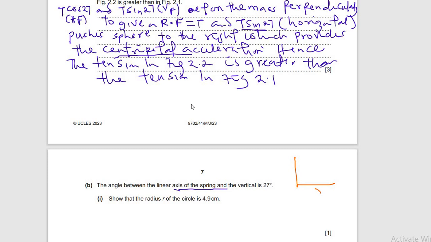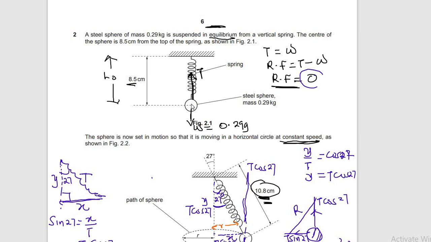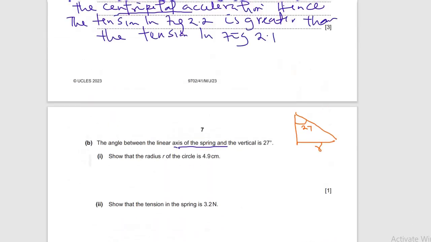From here to here is the radius, and this is 27. What else are we given? Well, we are given the length of this side, 10.8, as you can see there. 10.8 centimeter. So you have to look for the radius R.